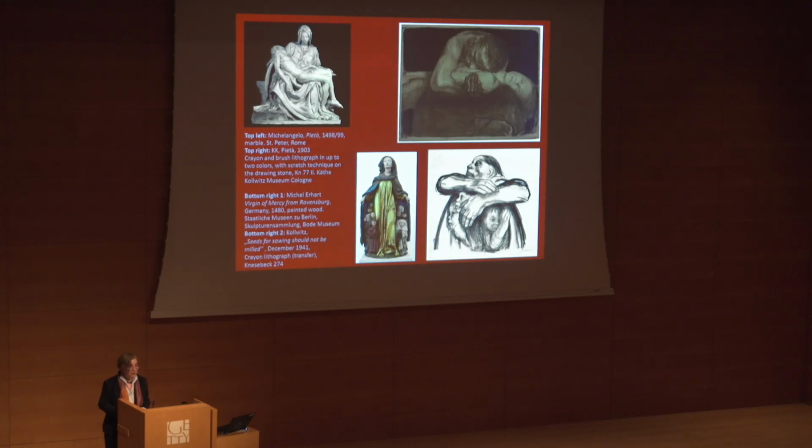This type is called the Virgin of Mercy and follows from a medieval law according to which high-standing personalities could rescue a fugitive or a persecuted person under their cloak, and the person concerned was safe there from further persecution. Kollwitz implemented this in 1941 with reference to young people who were to be protected from military service.